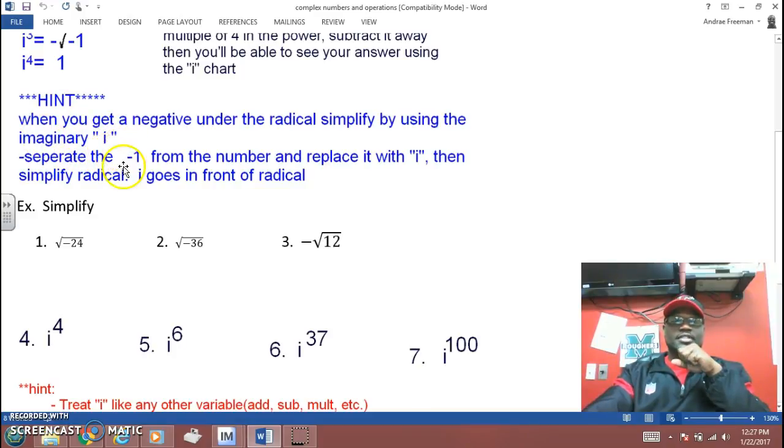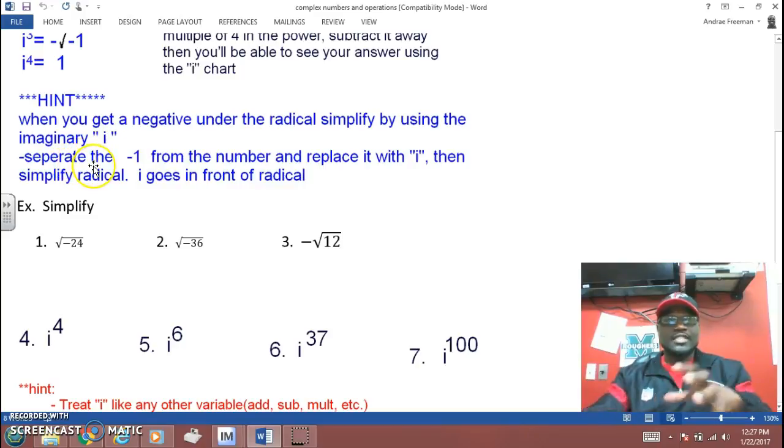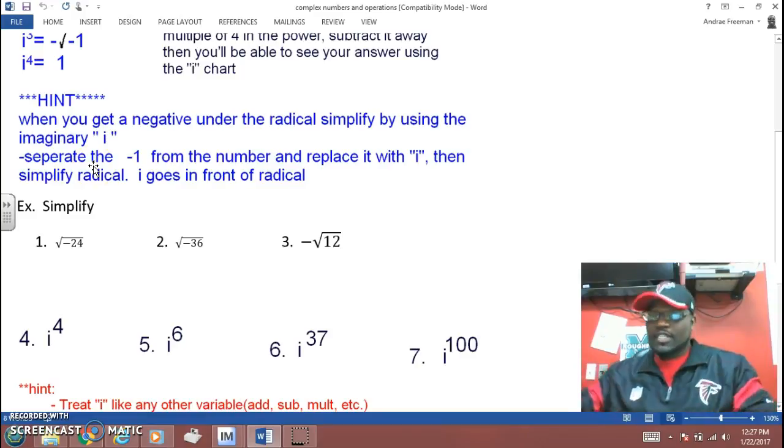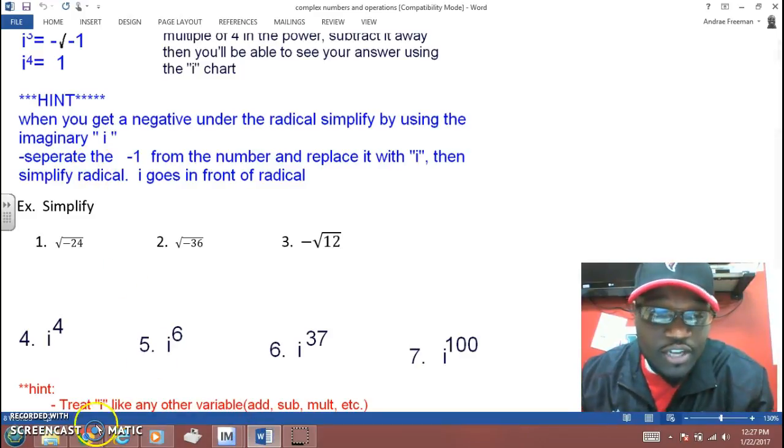Separate the square root of negative 1 from the number and replace it with i. Then simplify the radical. The i goes in front of the radical. So what we're basically saying is we're going to separate the square root of negative 1 from the positive number. So let's look and see what I'm actually talking about.